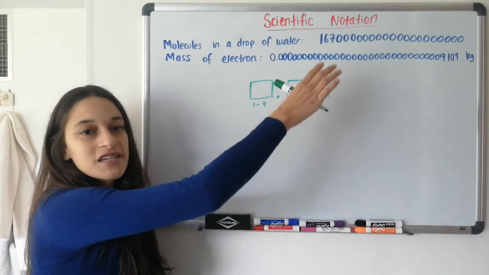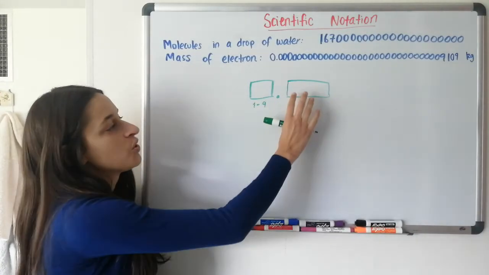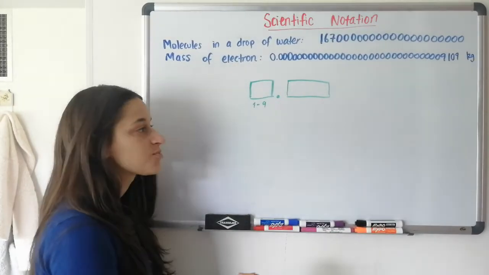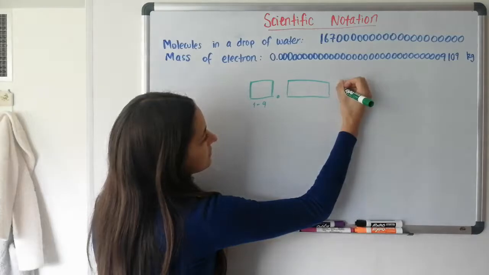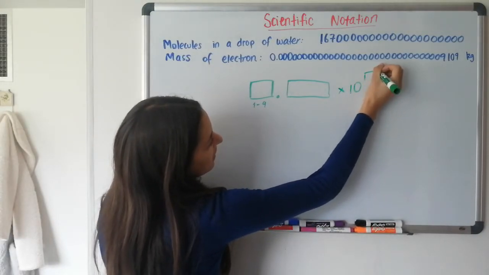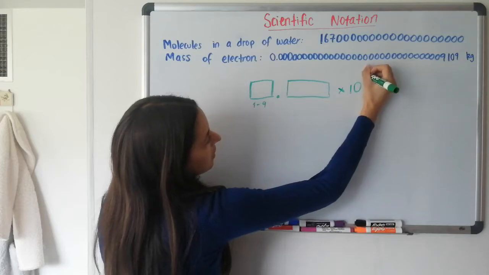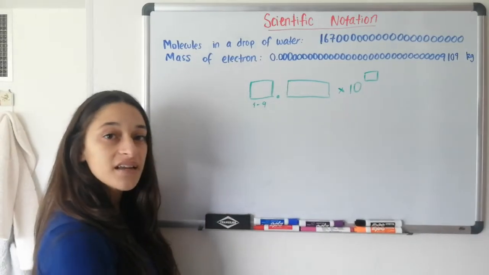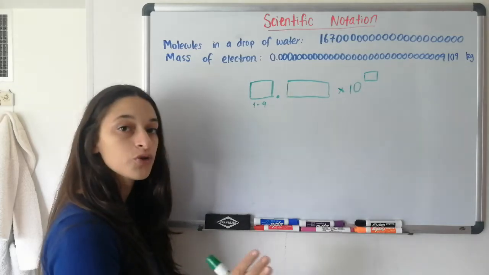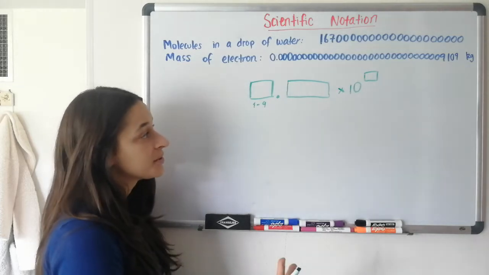It can be 5, 6, 8, 32, whichever number you want that has the rest of the important numbers that you want to express. And then you write times 10 to the, and up here you write an exponent. This exponent can be a negative number or a positive number or even 0. It can be any whole number that you require.